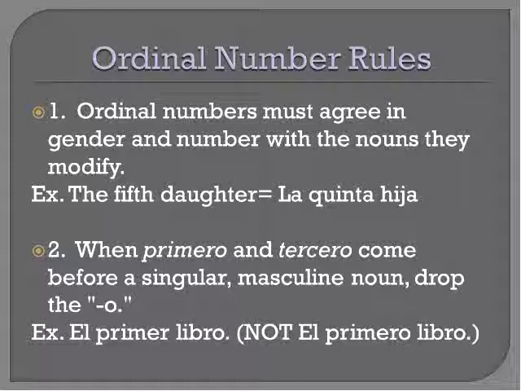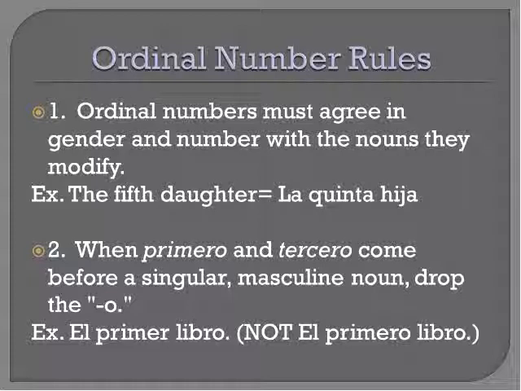If it were the sixth son, what would this be right here? El quinto hijo. Good. There we go. We got it. Okay? So again, it has to agree in number and gender. You can't use quinto for everything. Okay? You have to either change it if it's masculine or feminine or more than one.